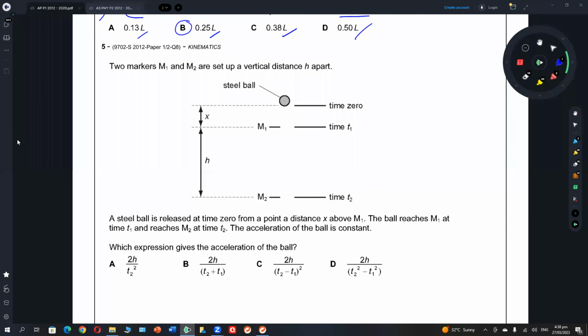The acceleration of the ball is constant. It means whatever acceleration is there, I cannot say that it is g, because it is a steel ball, though it looks like a free fall acceleration. Now we need to find an expression for acceleration.